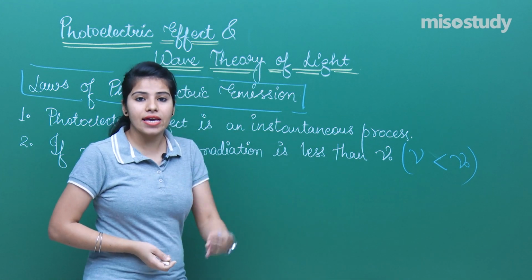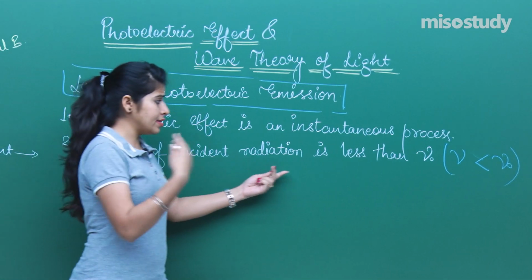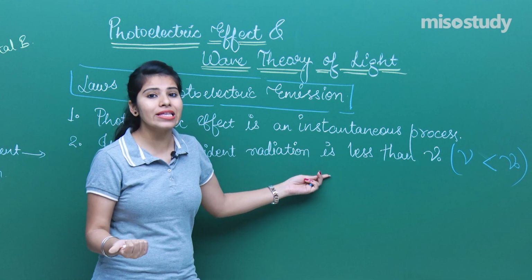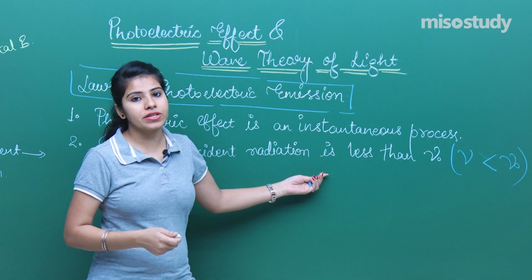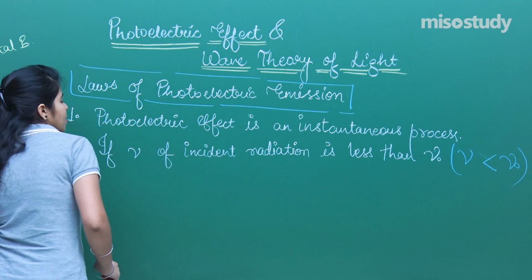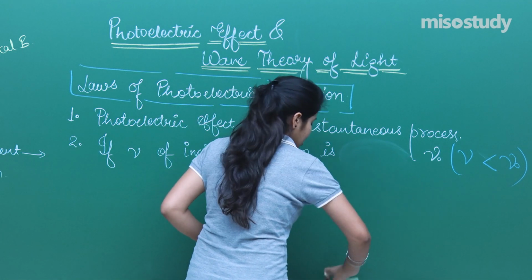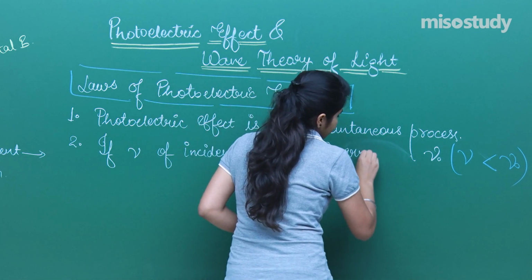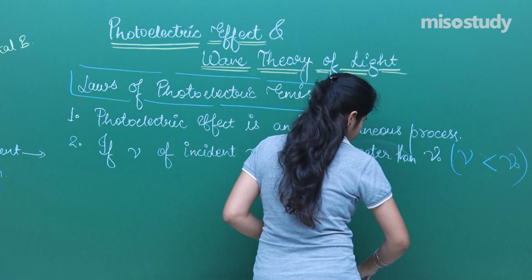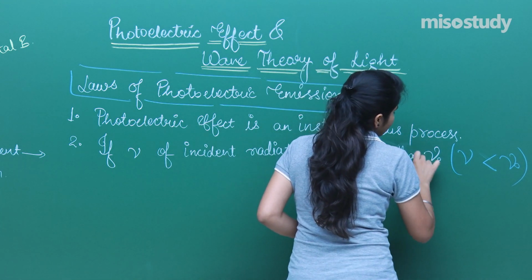Or I can say in another manner that if the frequency of incident radiation is greater than the threshold frequency, only then the photoelectric emission will take place. So I think I should write in a positive manner that if frequency of incident radiation is greater than threshold frequency, only then photoelectric emission will take place.